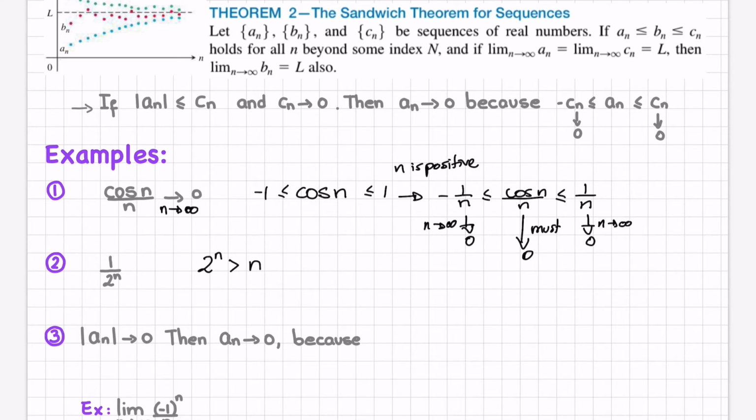Now, if you take the reciprocal, because that's what you need, the reciprocal of 2 to the n, the inequality is going to flip. 1 over 2 to the n is going to be smaller than 1 over n.